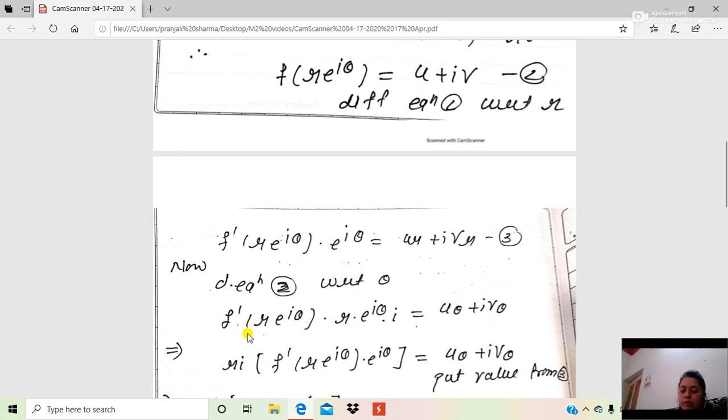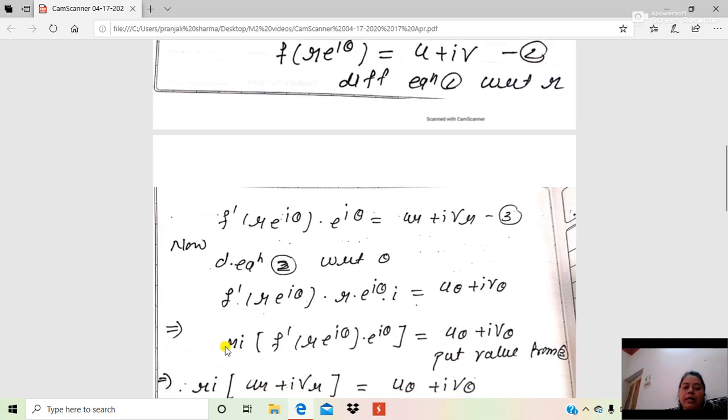Now this equation can be written like r i into the bracket f'(r e^(iθ)) e^(iθ). And the value of this bracket is equal to the left hand side of equation 3. So we can replace this bracket with u_r + i v_r.